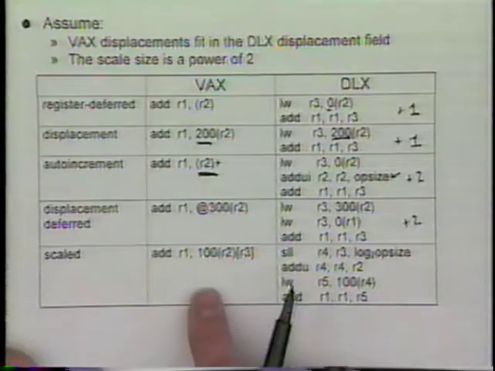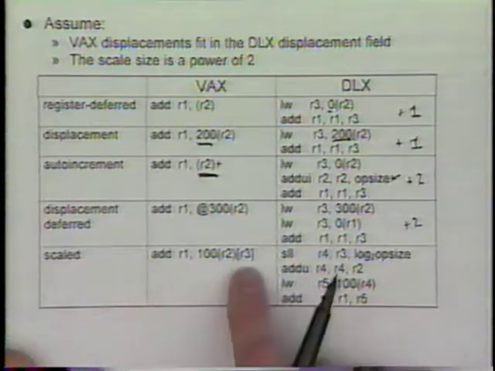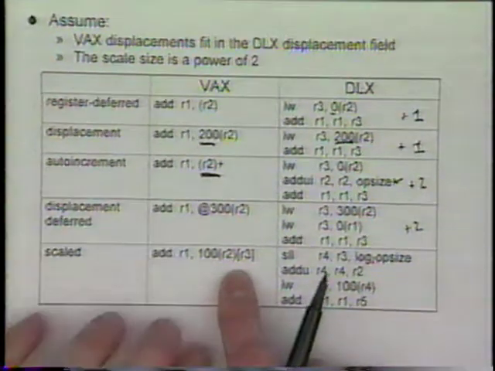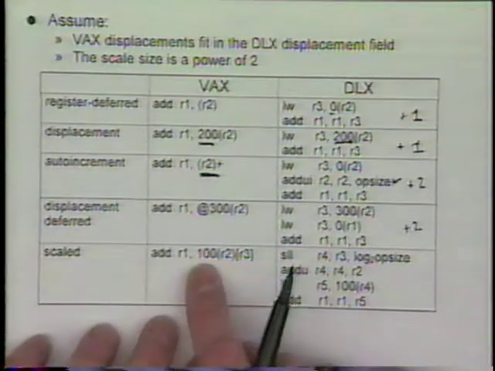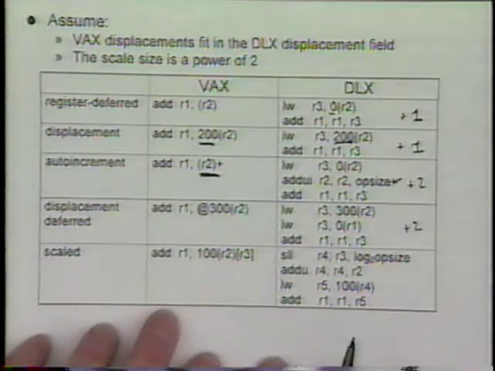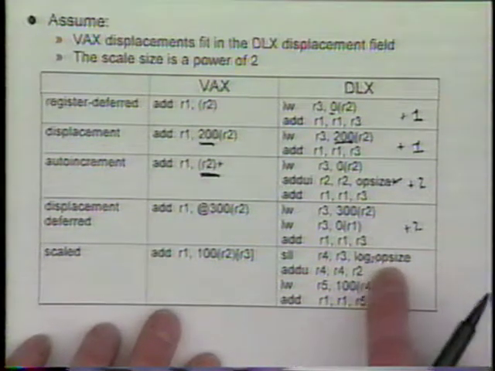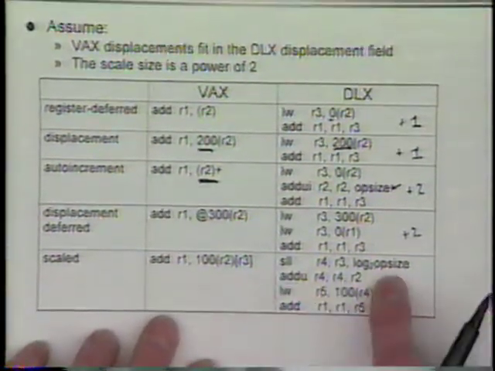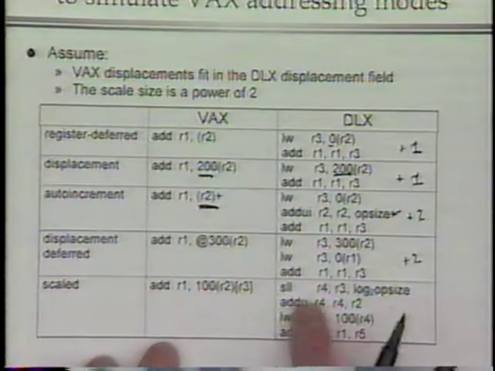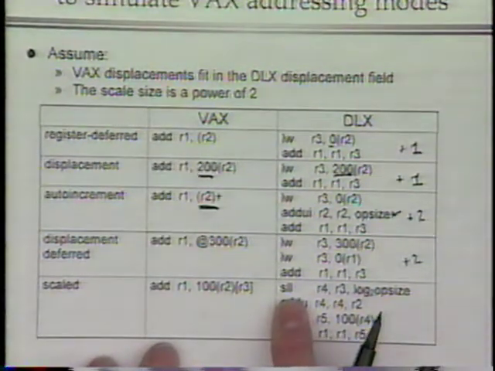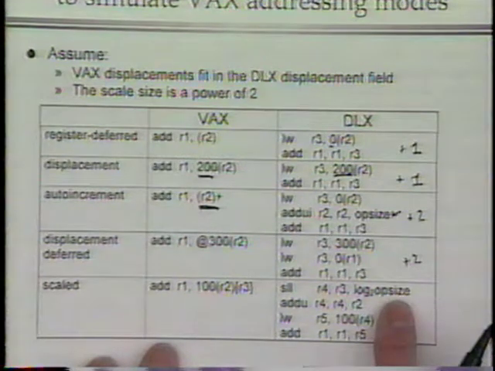The last and most complicated one is the scaled mode, which takes a register and multiplies it by a constant, adds it to another register and a displacement. Well, the first thing we need to do is to multiply that register by the constant, and assuming that the constant, as it is in most scaled modes, is the power of 2, we can turn that just into a shift instruction, which is typically a 1-cycle instruction on most machines.